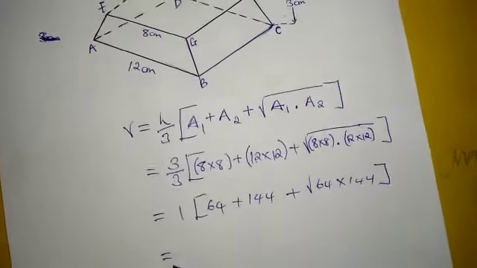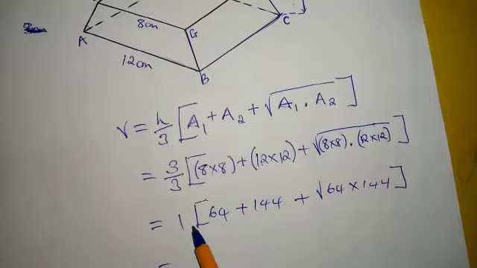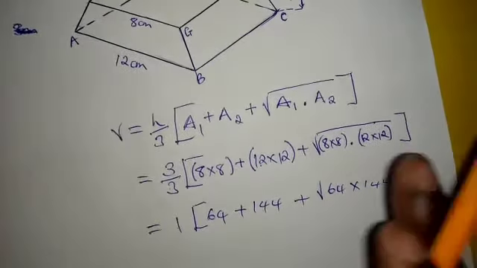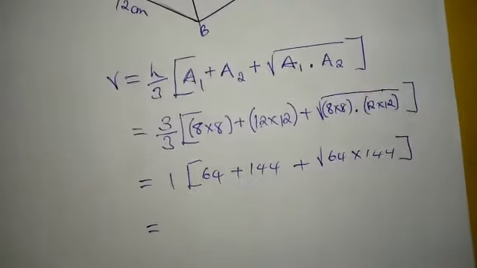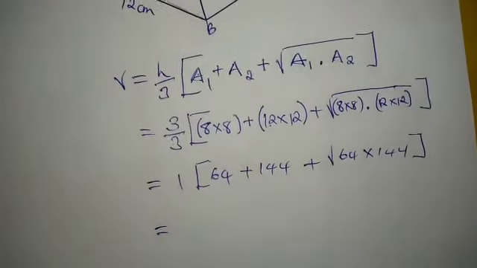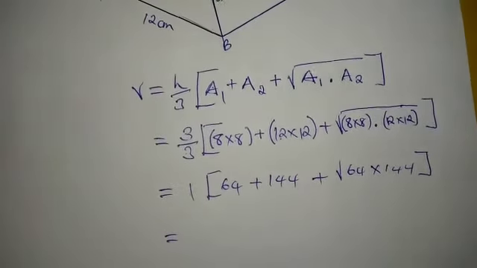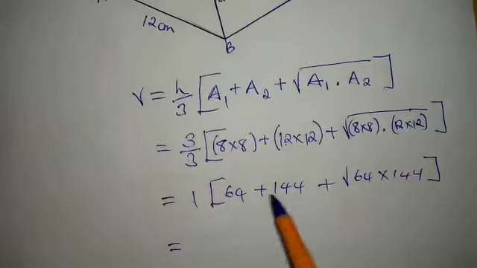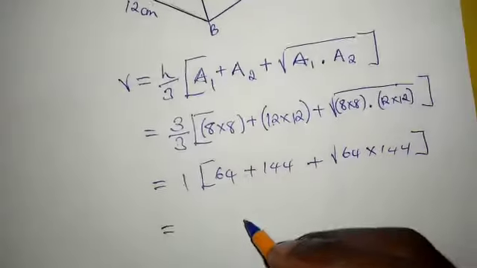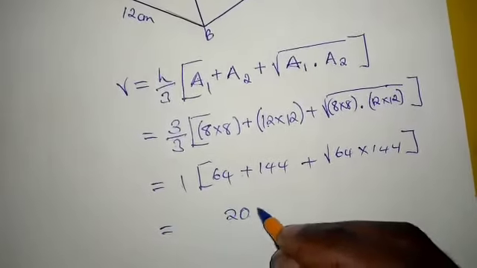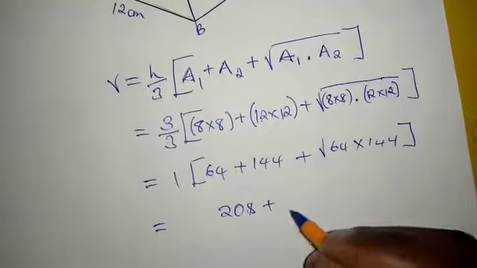We know 1 multiplied by everything in the bracket will be everything in the bracket, so we can get rid of the 1. Therefore, we will now do the additions. What is 64 plus 144? That will give us 208 plus the root.